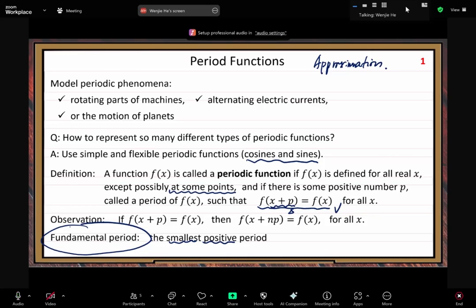People just say period. So our default period, when we say period, is the fundamental period. Usually all the other people do it this way.